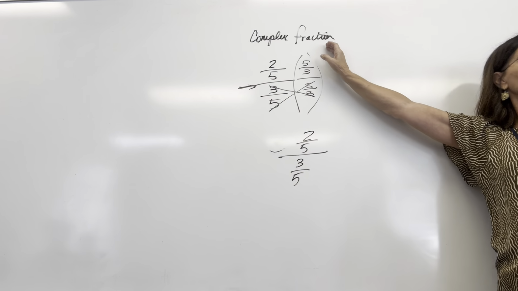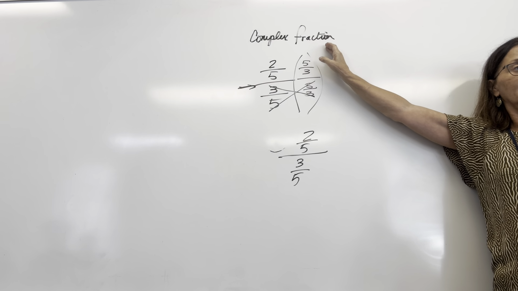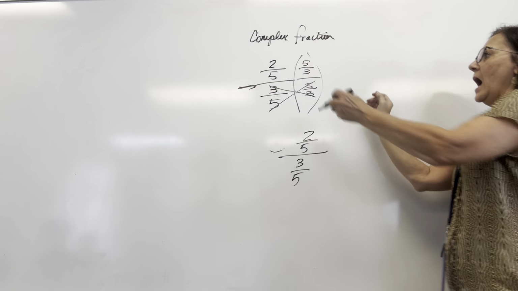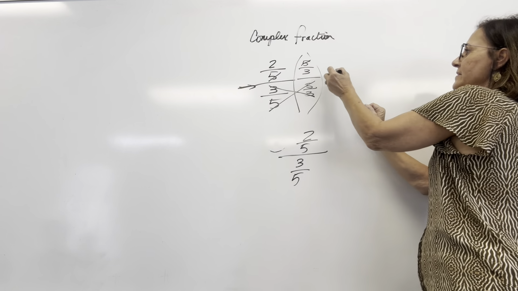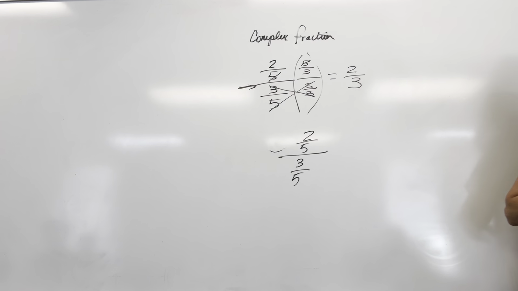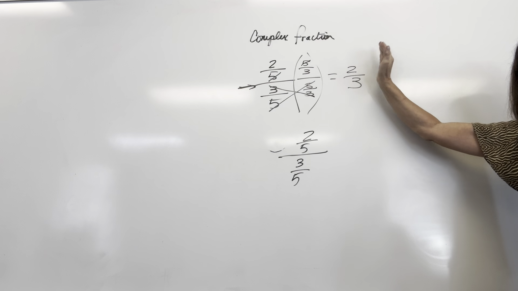Can I simplify terms that are multiplied? Yes, I can. So what can I simplify in 2/5 times 5/3? I can simplify the 5s and it becomes 2/3. Okay, so this is a pattern. I want you to lock in your brain.